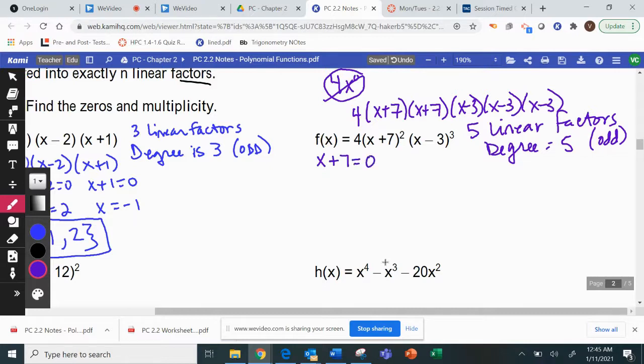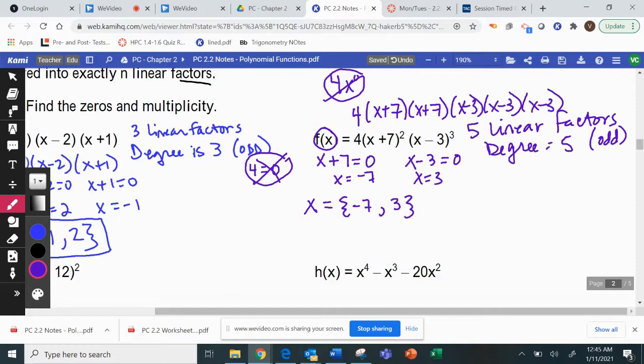Now I'm going to set factors equal to 0. I'm going to do x plus 7 equals 0. I'm going to do x minus 3 equals 0, but I have no reason to do 4 equals 0 because there's no x in it. There's nothing to solve. So x equals -7 and x equals 3. Those would be my zeros. Now, about multiplicity, how many factors had -7 as an answer?